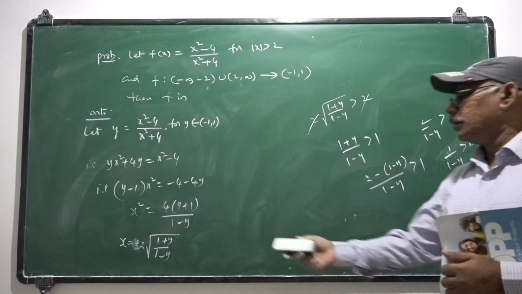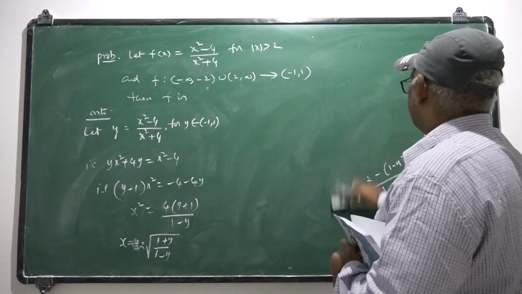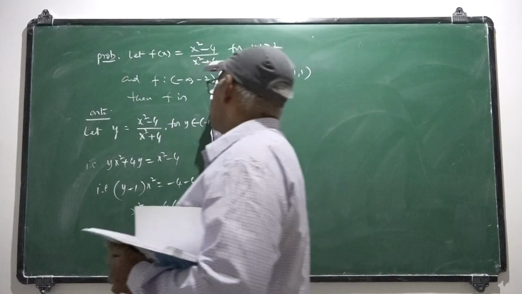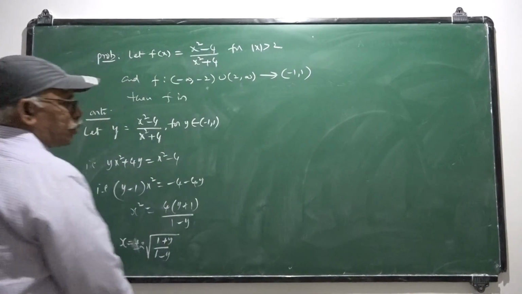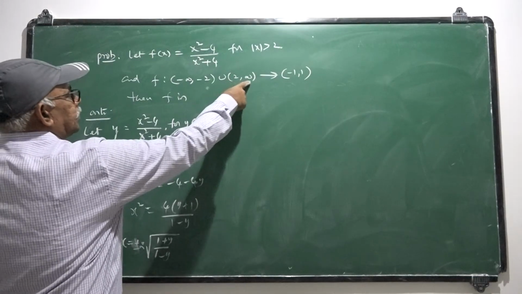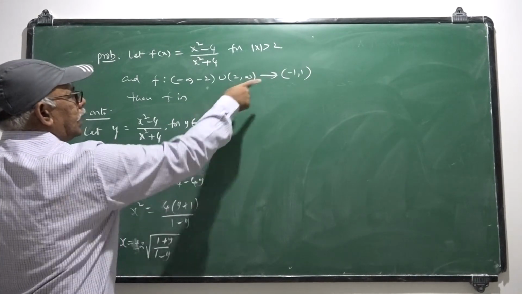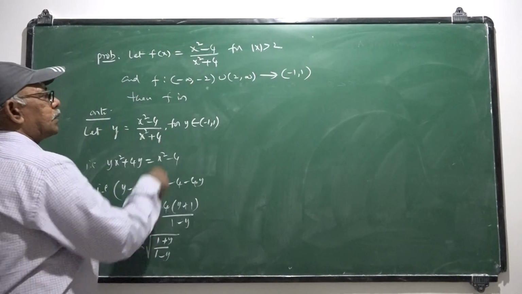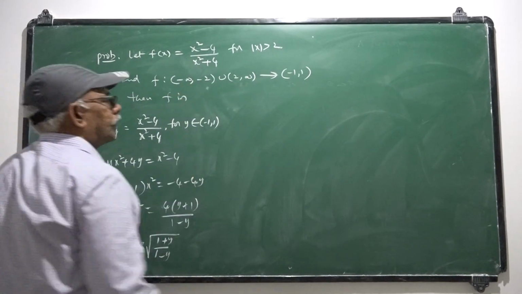So clearly there exists x, which lies between 2 and infinity once taking plus, such that y lies between minus 1 and 1. Similarly, taking minus, x lies in this interval.